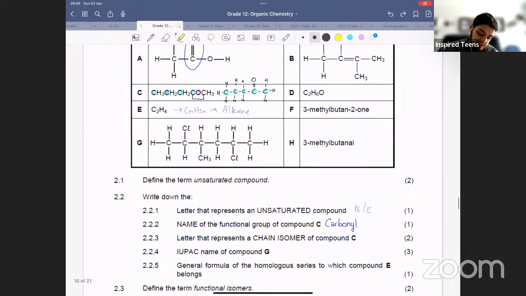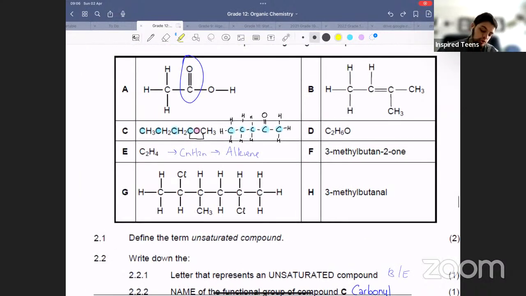A letter that represents a chain isomer of compound C. We are looking for a compound that still has 5 carbons, but perhaps one of them is a branch, because for a chain isomer you have to have a minimum of 4 Cs. What could be seen as a chain isomer of compound C? Anyone who has any guesses or answers or calculated guesses?